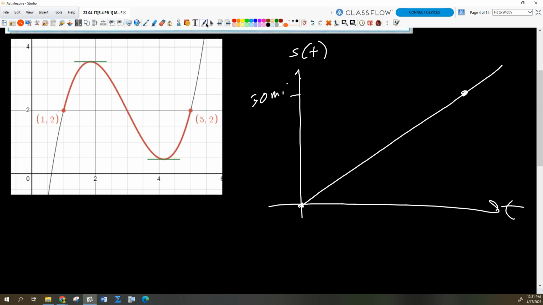So the average rate of change is a slope of 30 miles over 30 minutes. I could take an infinite number of different trajectories in this position time graph to get from there to there, but I can't ever do anything like this.